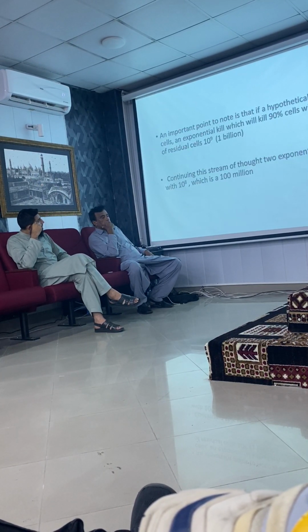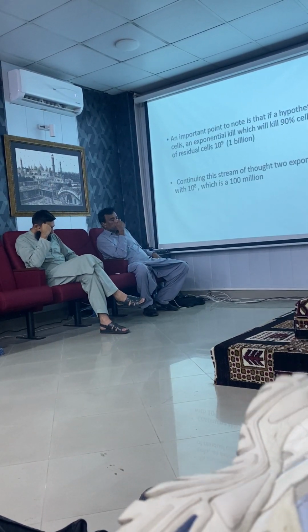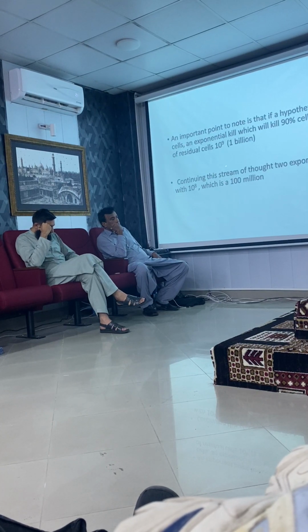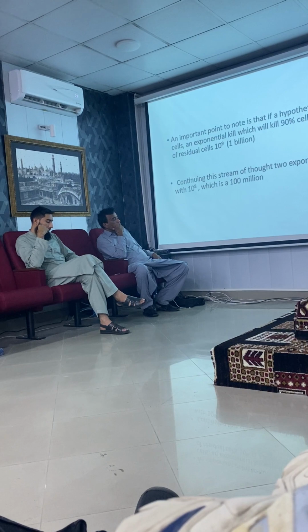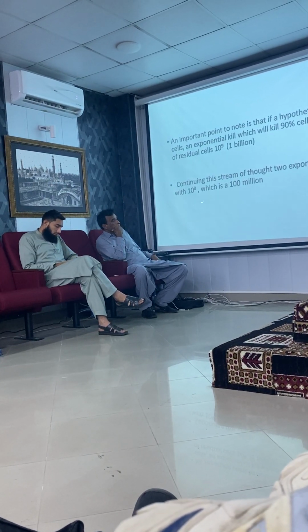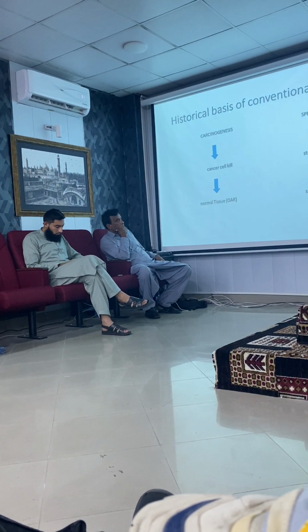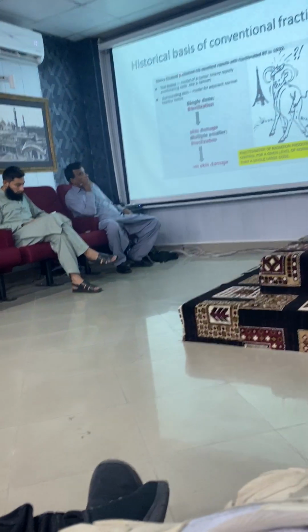An important point to note here is that if a hypothetical tumor has 10 billion cells, an exponential cell kill, which even kills 90% of the cells, will still leave us with a billion cells, which is obviously a lot of cells. And continuing the stream of thoughts, two exponential cell kills will leave us with 100 million cells. Now, we'll go on to the historical basis of conventional fractionation.